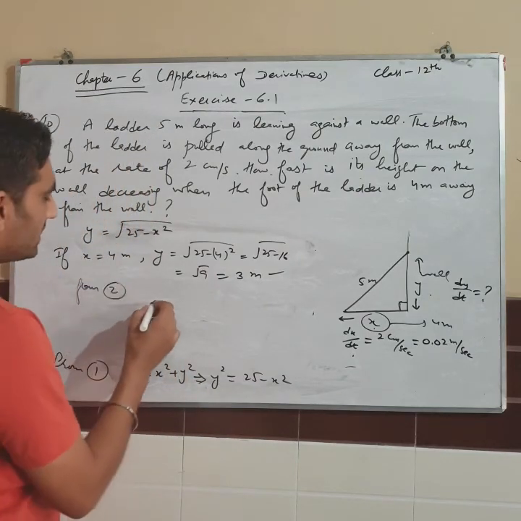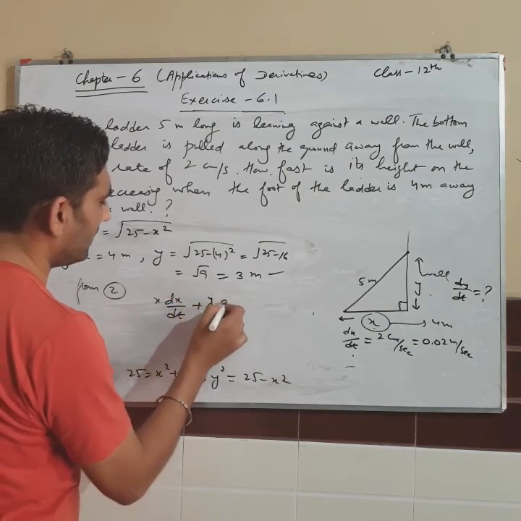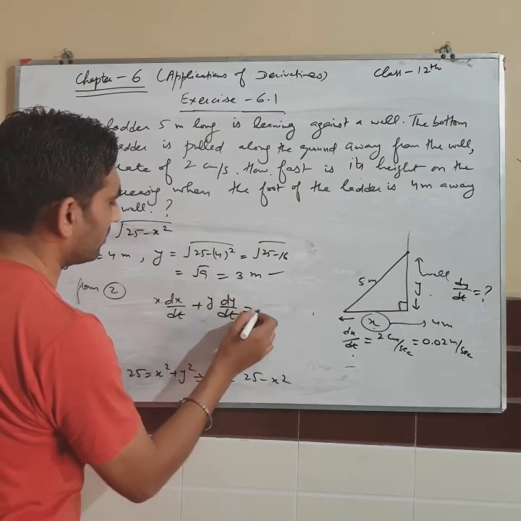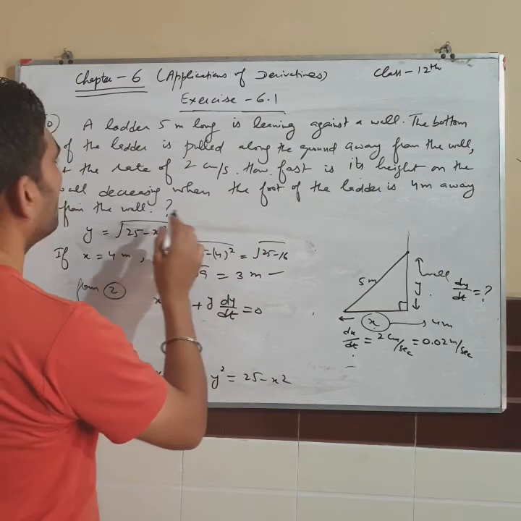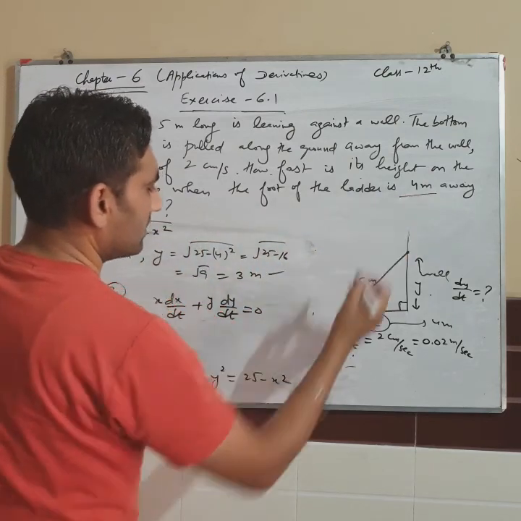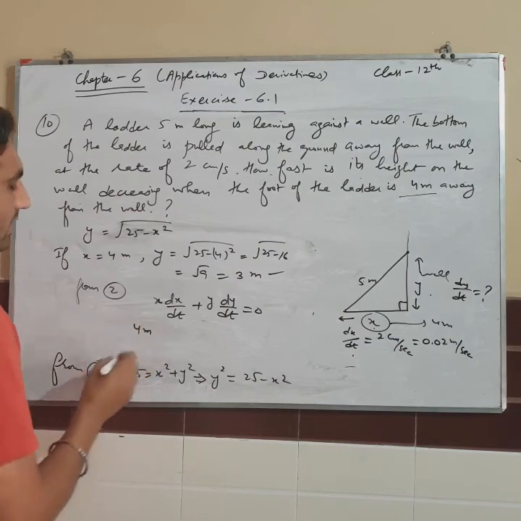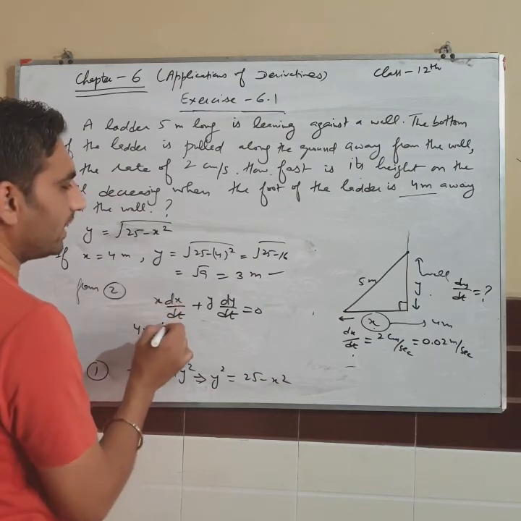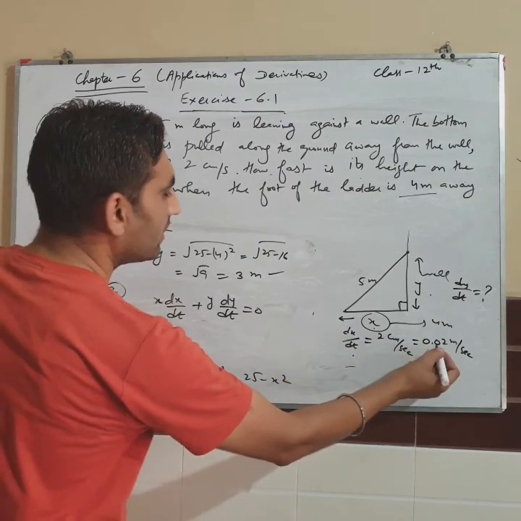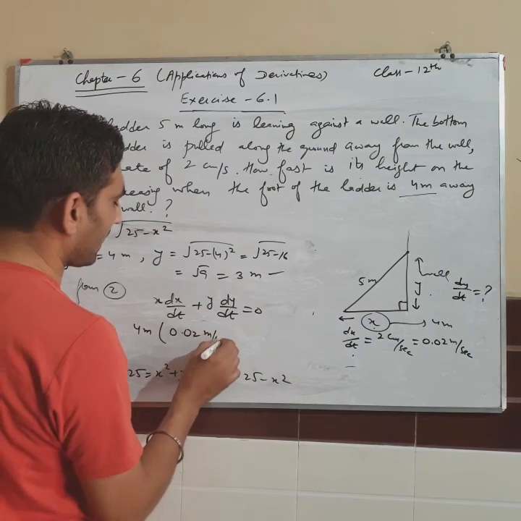Equation 2 is x dx over dt plus y dy over dt equal to 0. So here we have x. X is given as 4 meters, so we can put 4 meters in place of this, and it is with dx over dt. What is dx over dt? 0.02 meter per second.